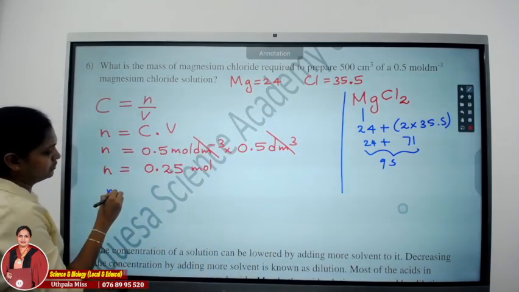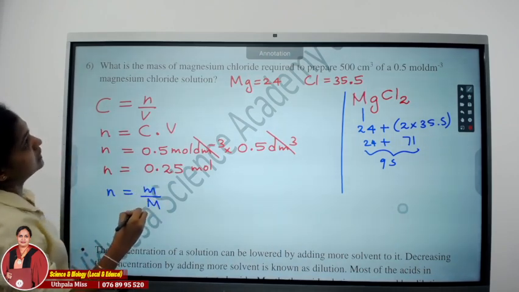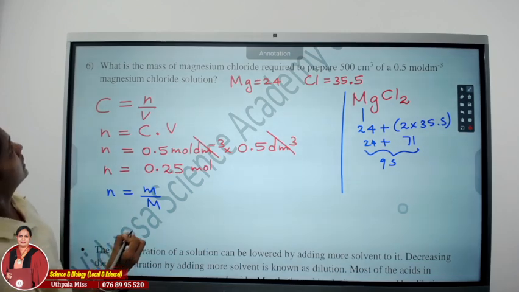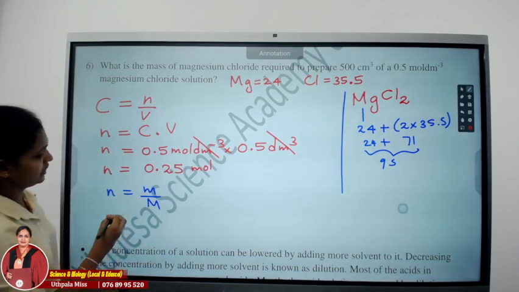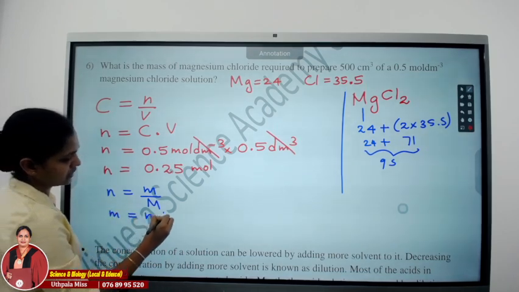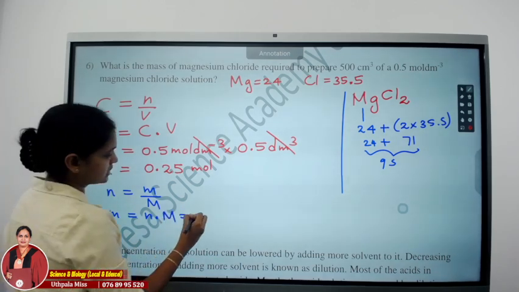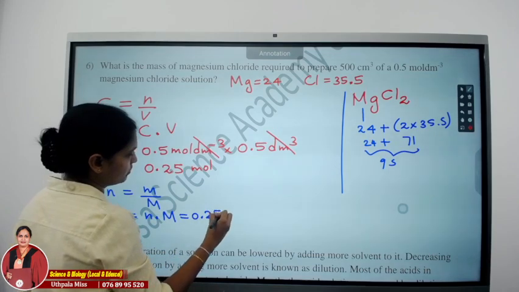The number of moles equals mass divided by the molar mass. What is the mass of magnesium chloride needed? So the mass equals number of moles multiplied by the molar mass. Number of moles is equal to 0.25 moles.